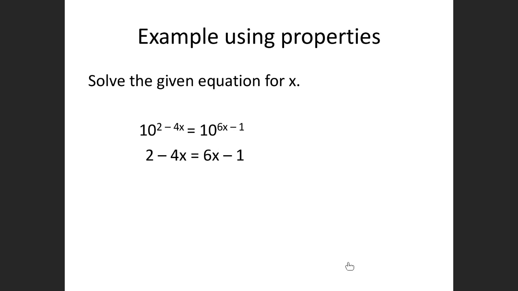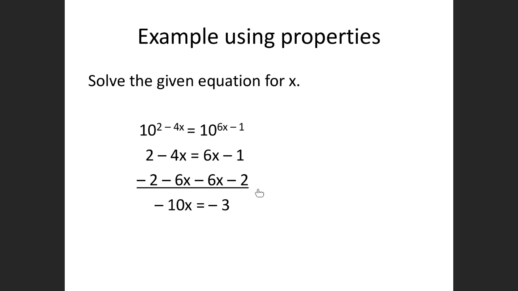So then all I have to do is a little algebra to solve for x. I like to move anything that has a variable to the left and anything that has a number to the right. So here I'm going to move the 6x to the other side by subtracting 6x on both sides. And to move the 2 to the other side, I'm going to subtract the 2 on both sides.